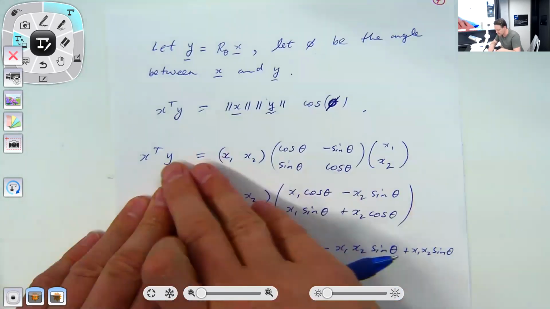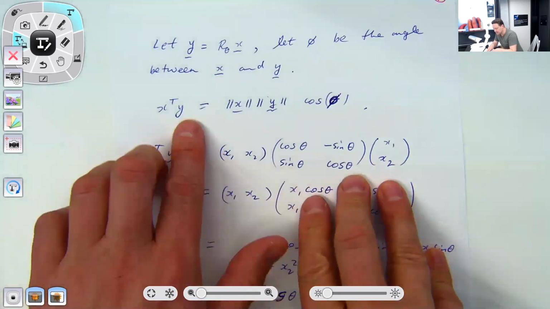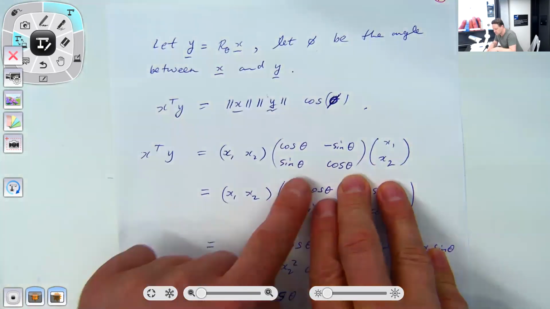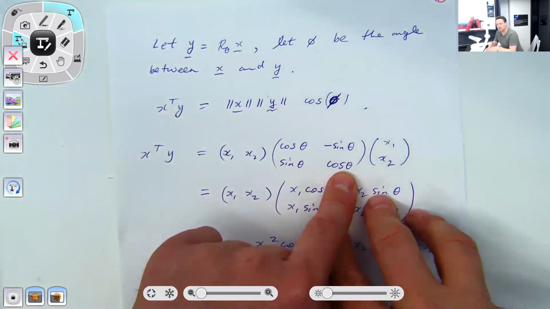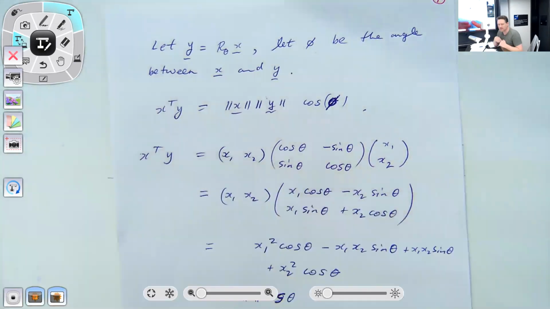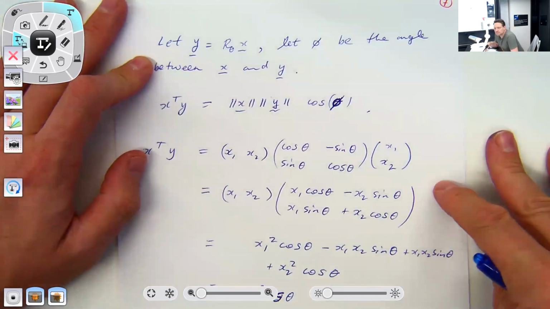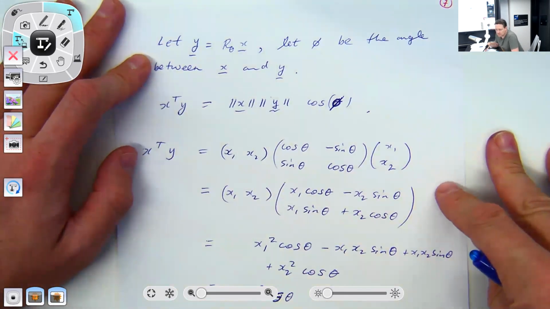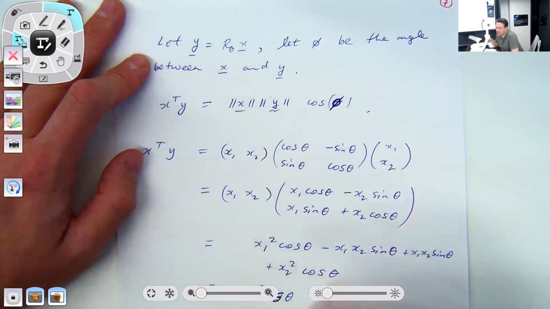Okay, so I expand the left-hand side here with y equal to R theta x, where I've already got it. I'm just verifying that this is in fact the rotation matrix that rotates any given point by an angle of theta, because on the previous page I constructed it.